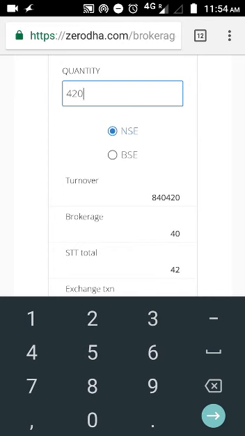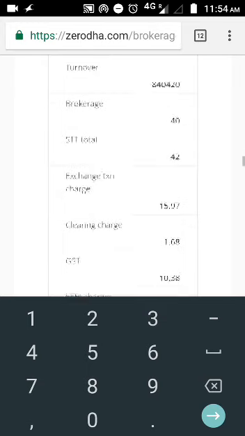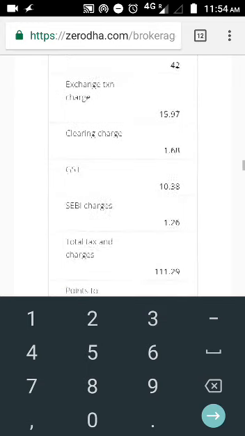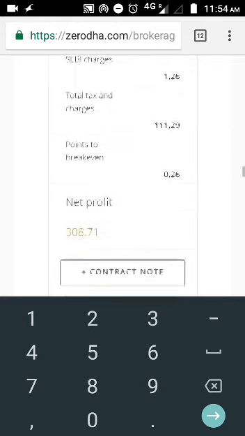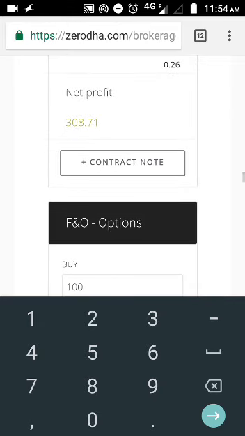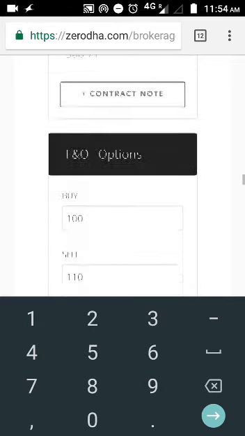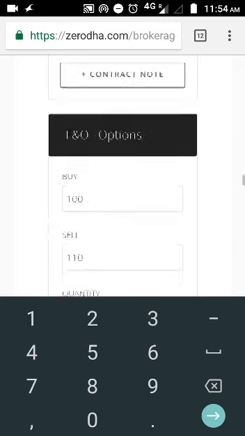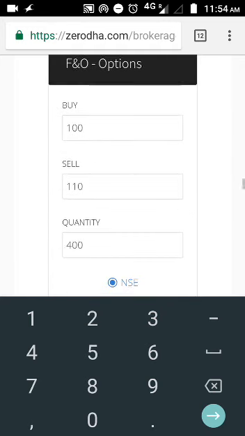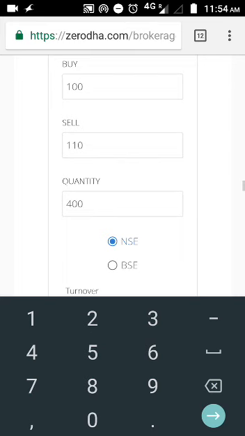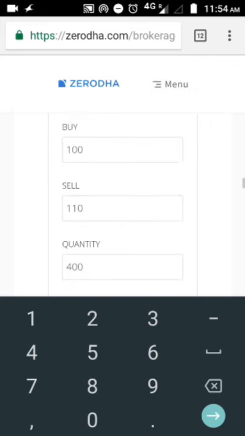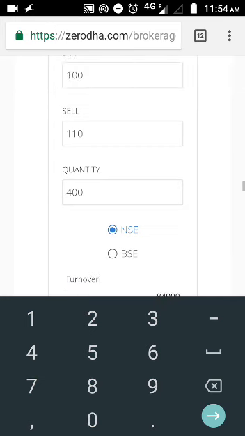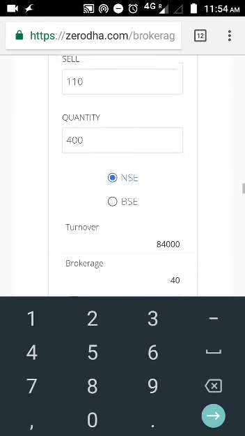Let me see here. For example, I change the quantity to 80. The brokerage is 20 rupees or 0.01%, whichever is lesser. I put 120, 420, then again the brokerage is 40 rupees flat. It's 20 rupees each side, so it doesn't increase more than 40 rupees. So that's the amazing thing with Zerodha.